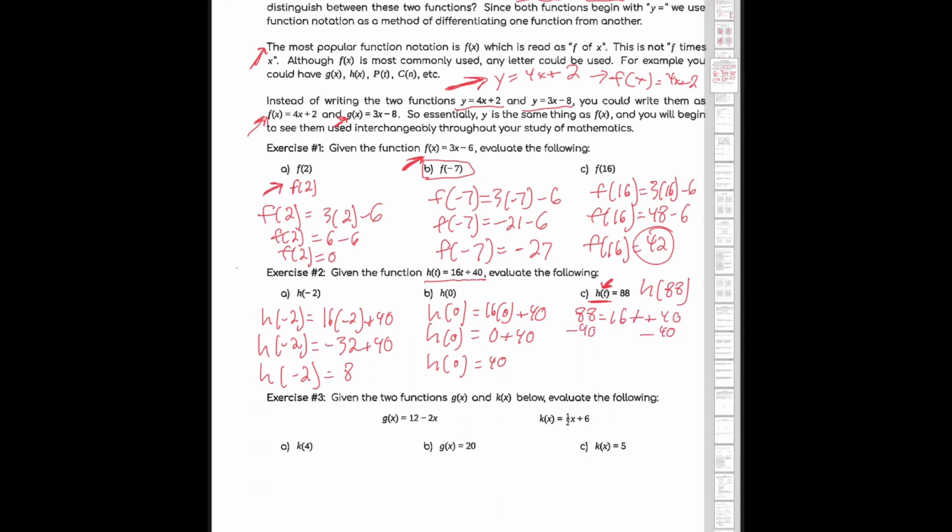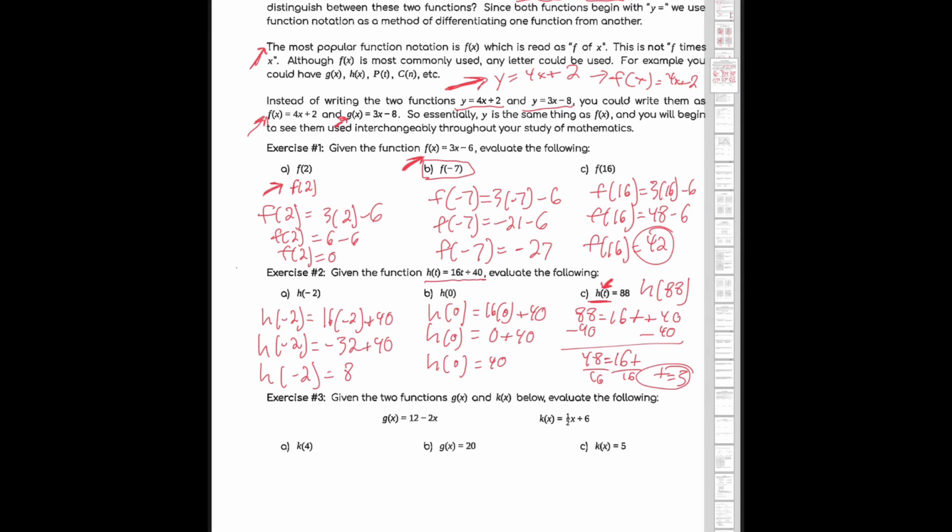Subtract 40. So then we get 48 equals 16t. And if we divide by 16, we get t is equal to 3. So what that means is h of 3 is equal to 88. So if you plug 3 in, you would get 88.